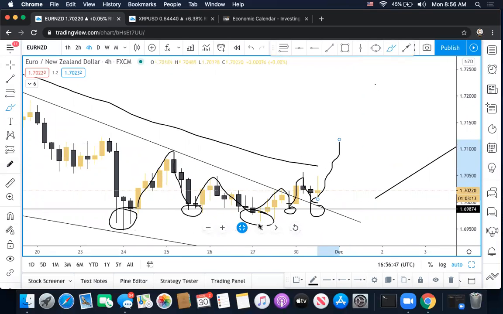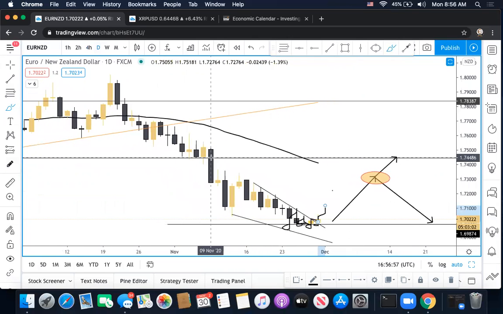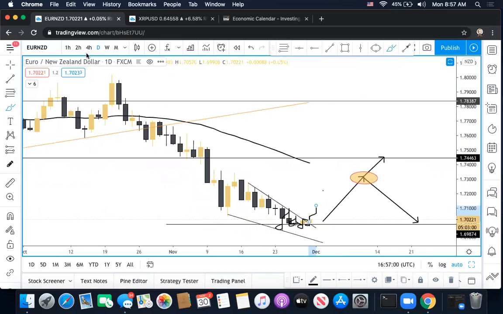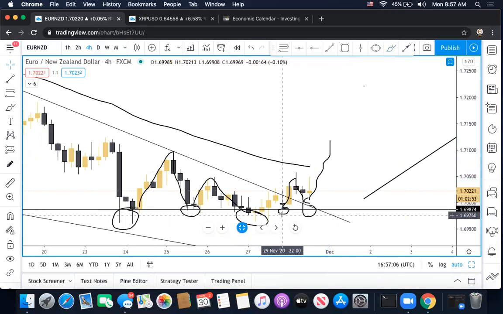Stop loss could go below 1.696, 1.695. Delete some of this.